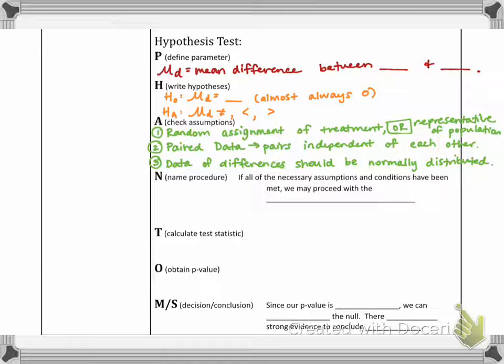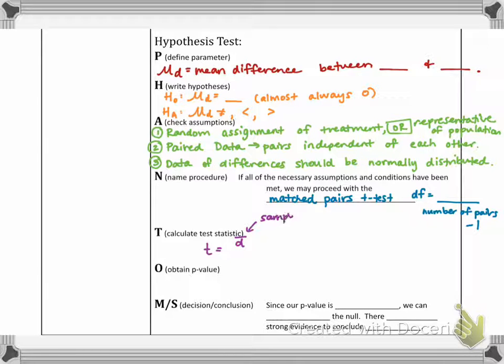If all of those necessary assumptions and conditions are met, we may proceed with the matched pairs t-test. Your degrees of freedom is n-1, but again, n here isn't the number of total data points that you start with, it's the number of pairs minus 1. All right, your test statistic is going to look like the one sample t-test statistic again.